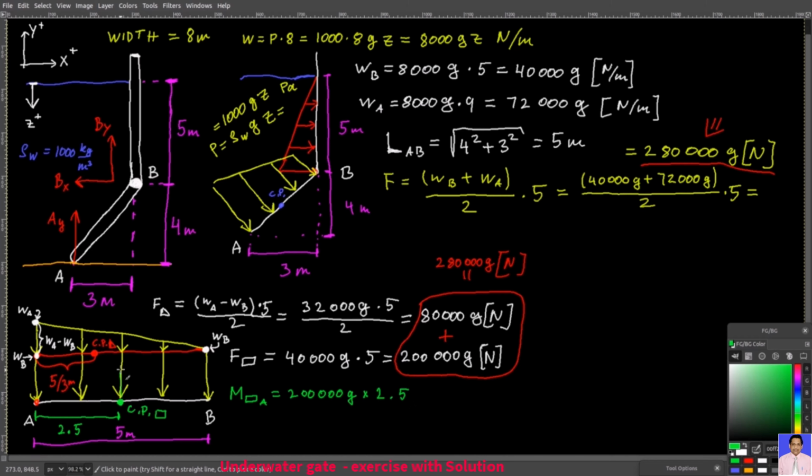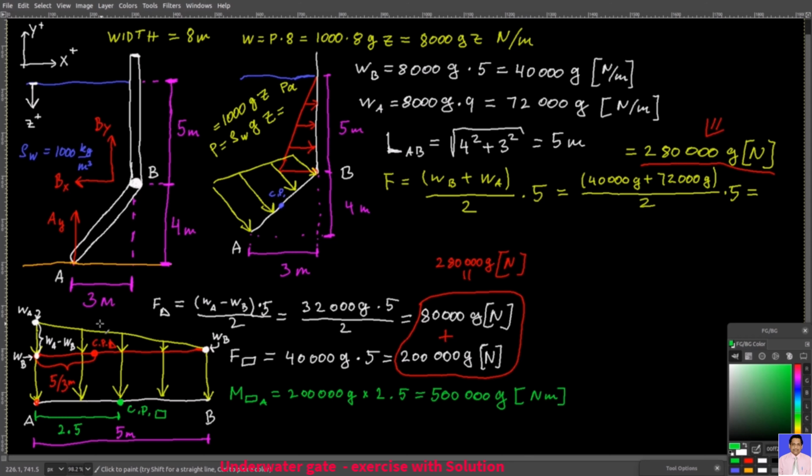So essentially, instead of this rectangular distribution, I have this force here, and then I multiply it by this moment arm, 2.5 meters. And that will give me 500,000 G newton meters.